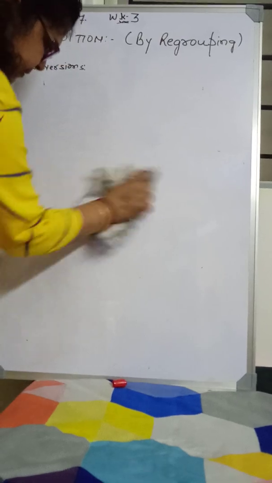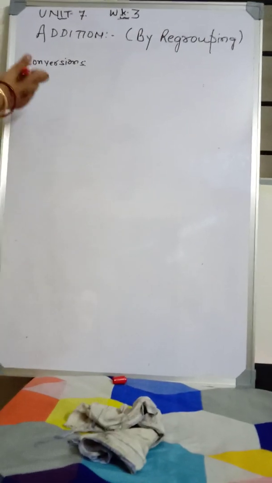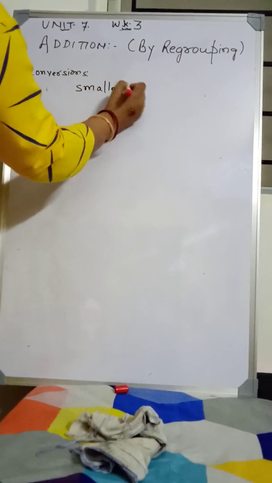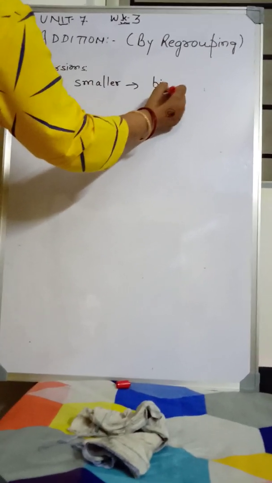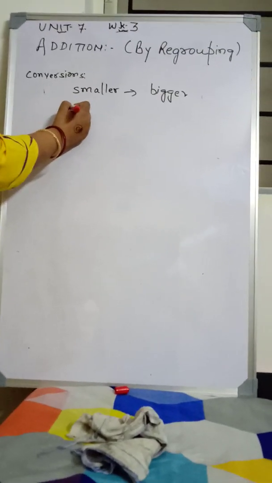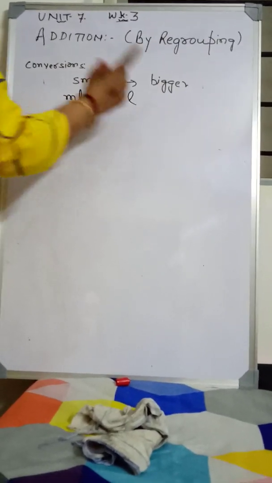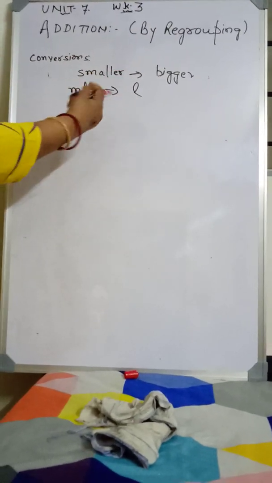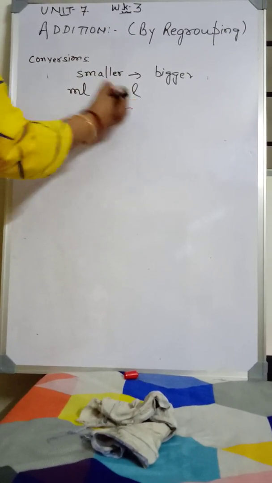Now, next conversion that I have told you is to convert from smaller unit to the bigger unit. So here you see, I have told you from smaller unit to bigger unit. What we will do? For example, I am going to convert milliliter to liter. Whenever we are converting from smaller unit to bigger unit, we have to do division operation.